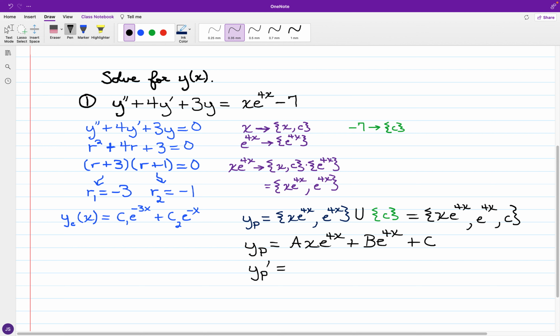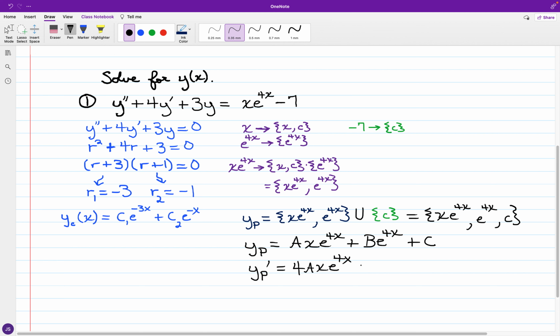If I work with axe to the 4x, in the case of the product rule expansion, we have taken the derivative of e to the 4x times ax. So this is going to be 4axe to the 4x. And if I take the derivative of the first term with respect to x, I'm going to have ae to the 4x. And if I take the derivative of be to the 4x, that's going to be 4be to the 4x.